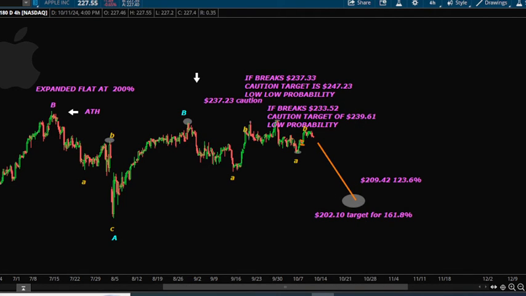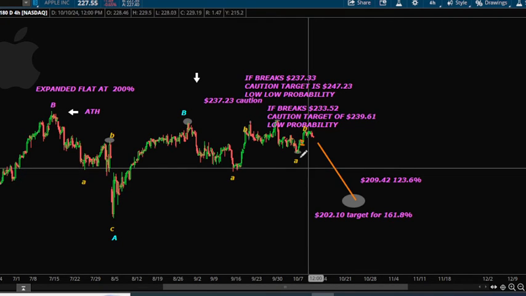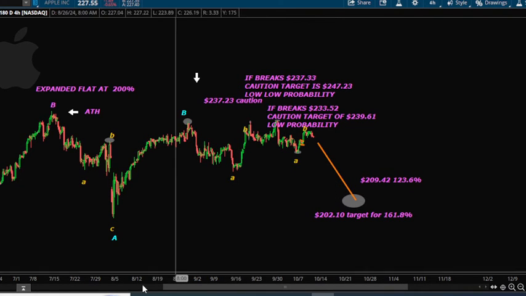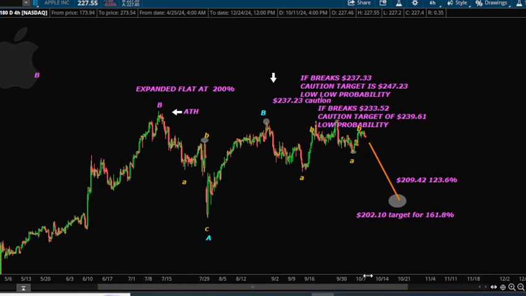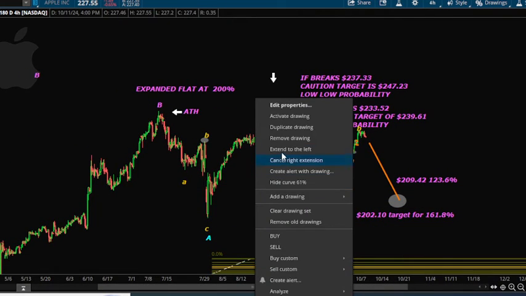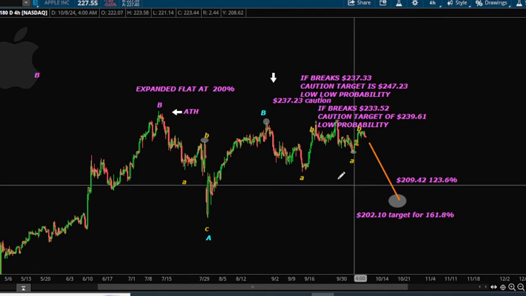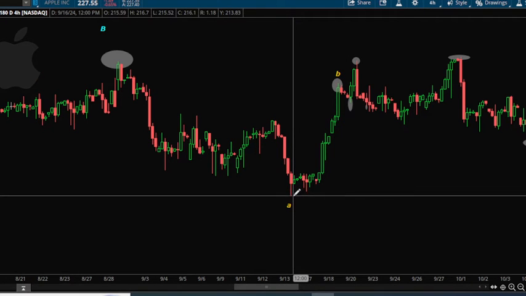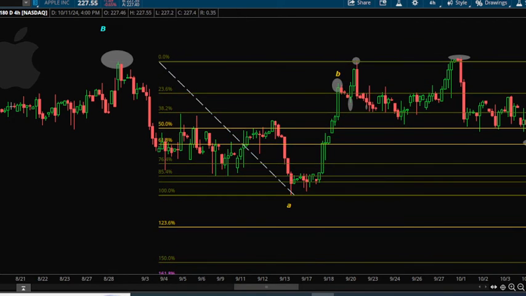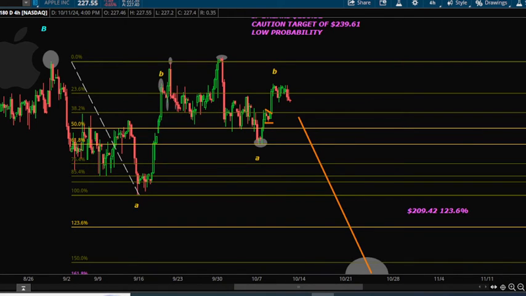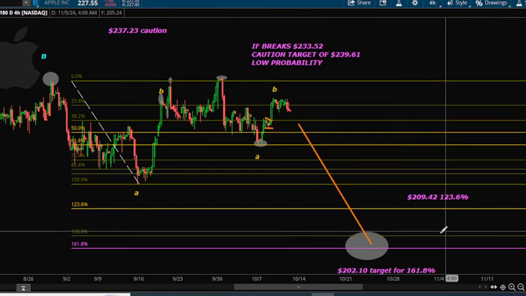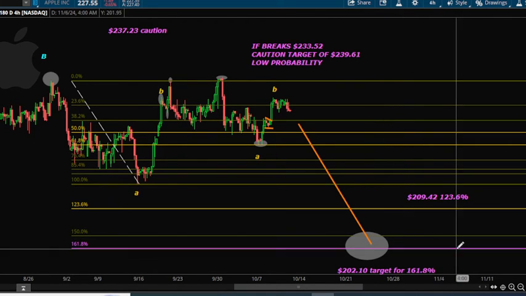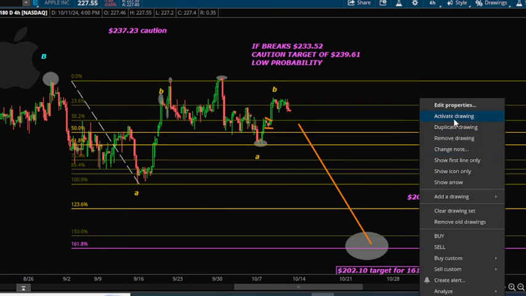We're going to measure the C off of, we're going to do two measurements: a shorter term C and a longer term C. I have two targets for the short term.